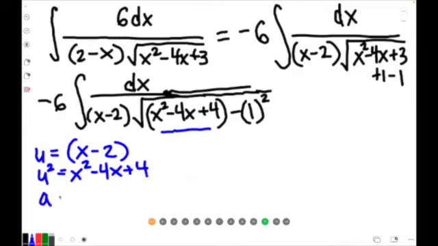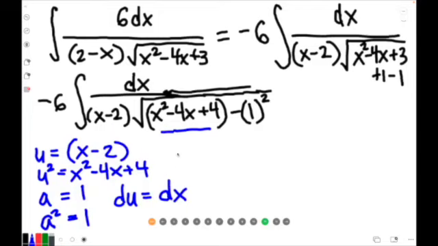Our a is, since it's minus a squared, a is 1, and a squared is also 1. Now we're looking for the derivative of u, which is du, just equal to dx.